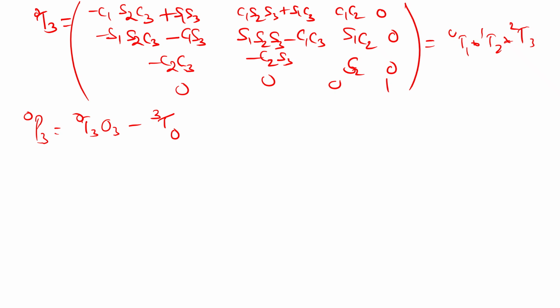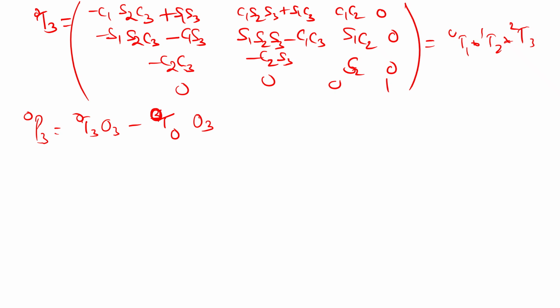So i minus 1 is 0. So T30 and O3. Okay, so let me check. I minus 1 is 0.